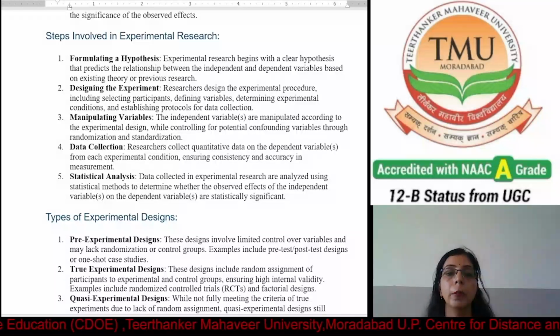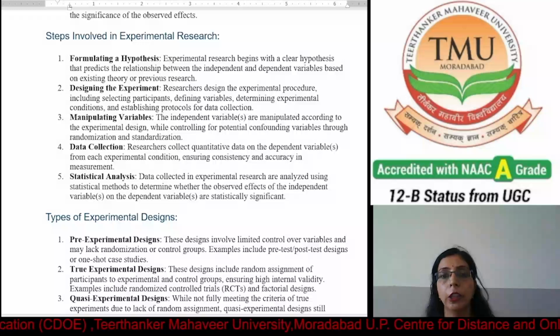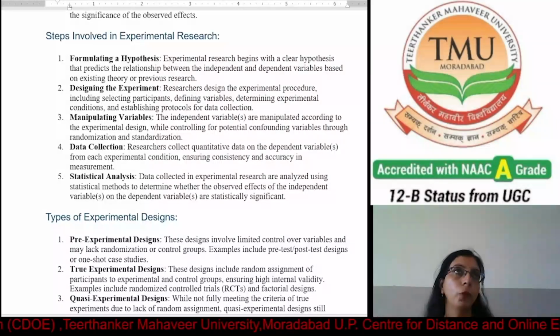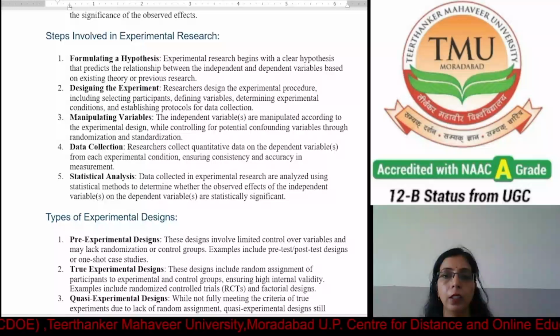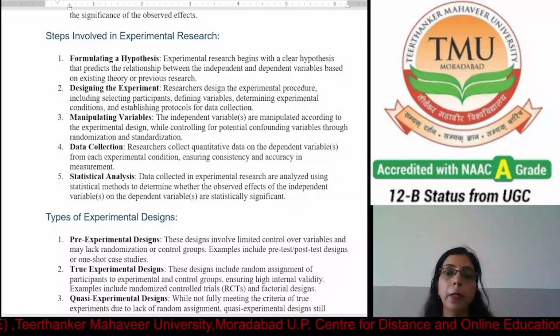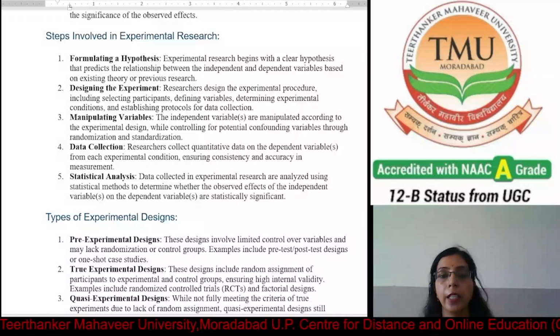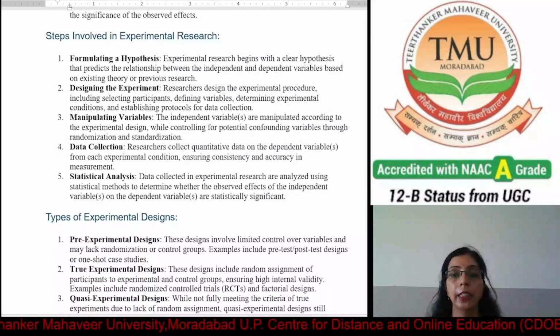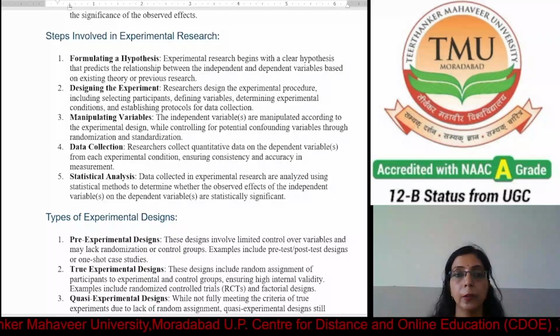Sometimes a researcher may come across a situation where it is difficult to follow even one or two of these criteria. The experimental designs where only criteria like post-testing is possible are designated as pre-experimental designs.